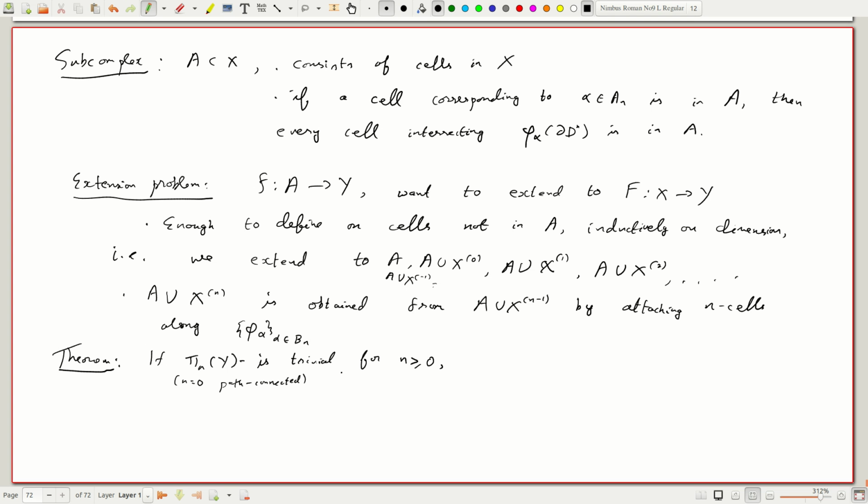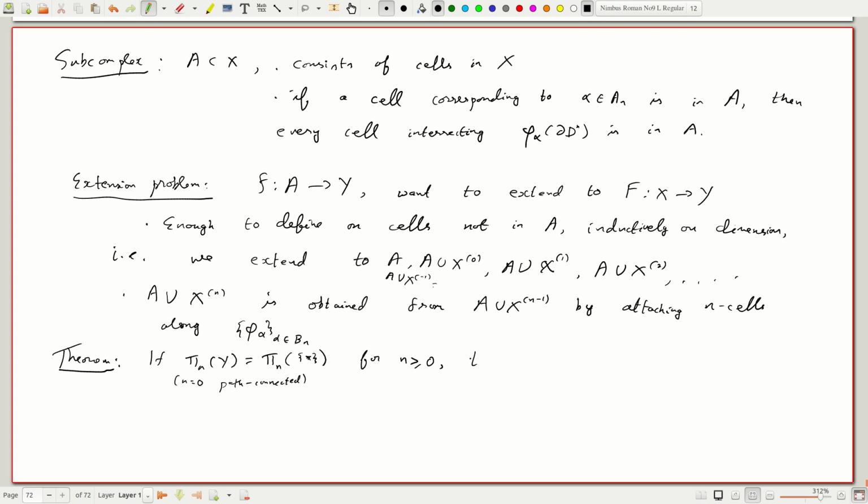So there it was just a set. Let me be a little more precise here, because there are two possible meanings for pi n of Y being trivial. Do I mean it to be the empty set or a single point? So if pi n of this is pi n of a single point set. Okay, so let's assume that it's path connected for n greater than or equal to 0.